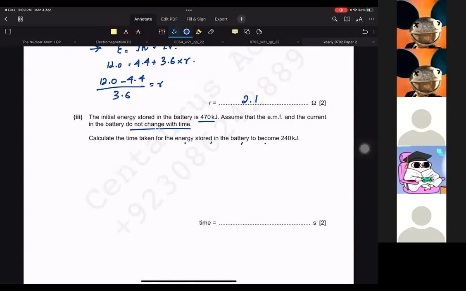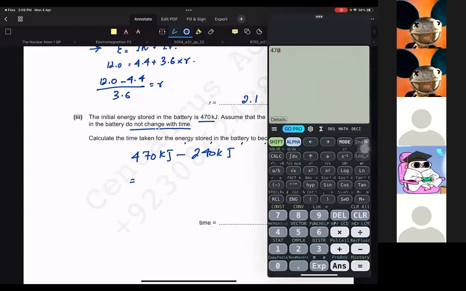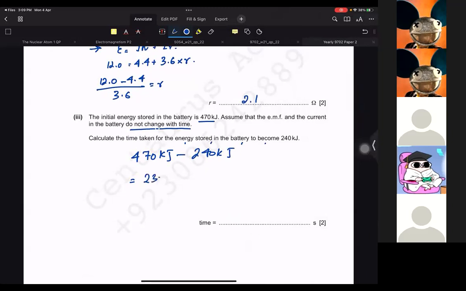So how much energy is lost is 470 kilojoules minus 240 kilojoules, which is 230. So 230 kilojoules is basically gone out.